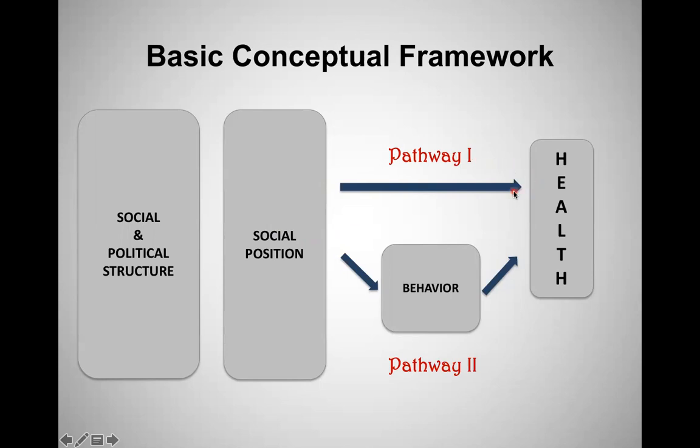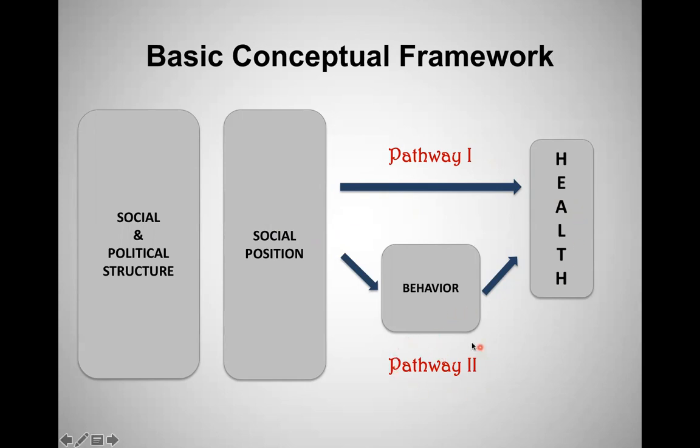Where people live, the resources that people have access to, and other social structural positions that they are subjected to directly influence health, outside any decisions or actions that these individuals make.